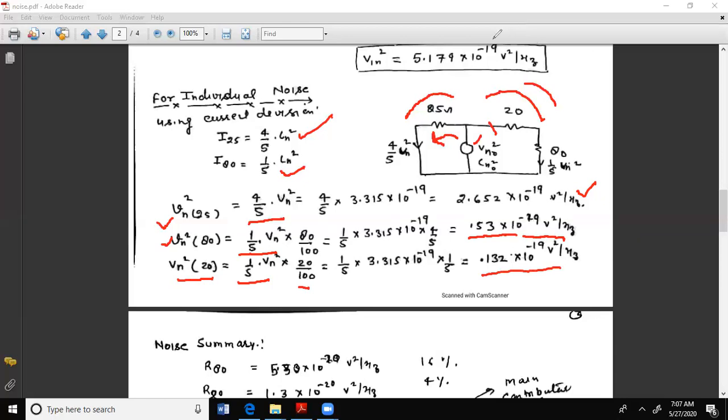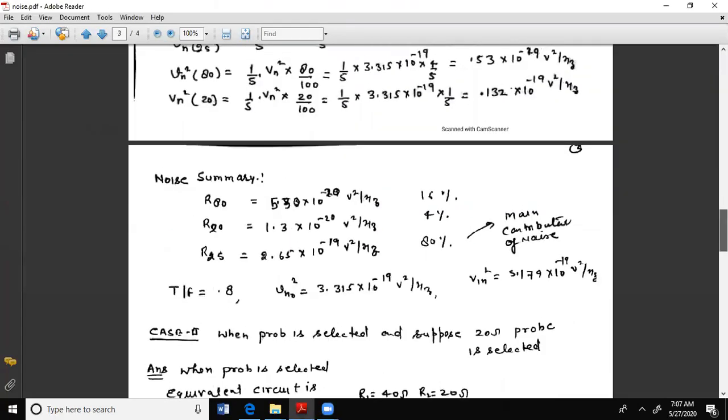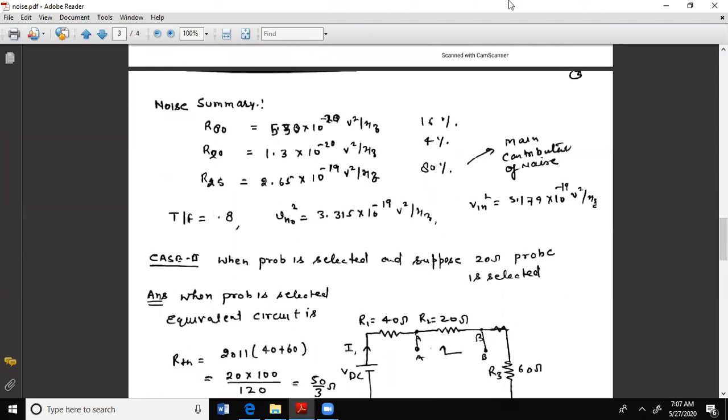Now, what is important is the summary of the noise. See, these are the summary. The noise due to the 80 ohm resistance is 5.30 times 10 to the power minus 20, and this is approximately 16% of the total noise.